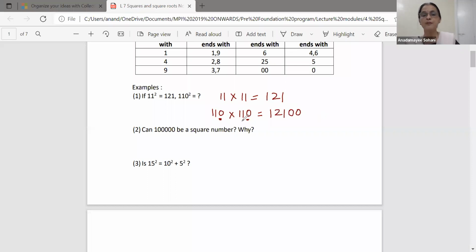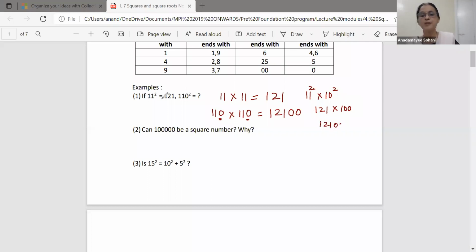This is one way how I can do it. Or how I can do it, 110 is 11 into 10 square. So it is 121 into 100. That is 12100.